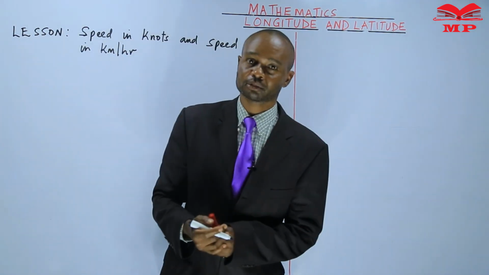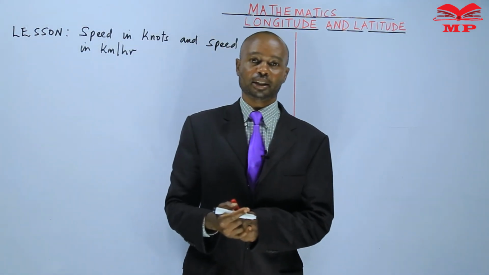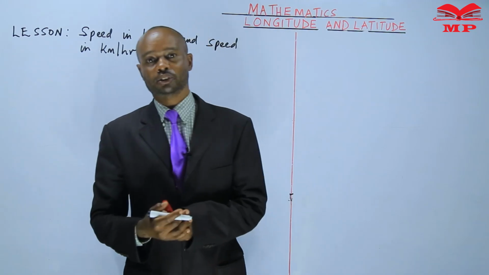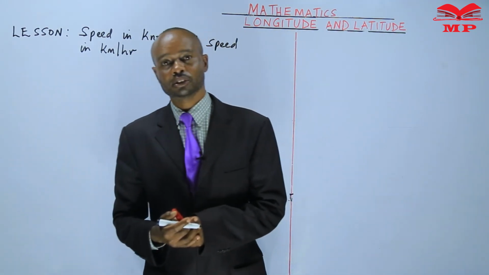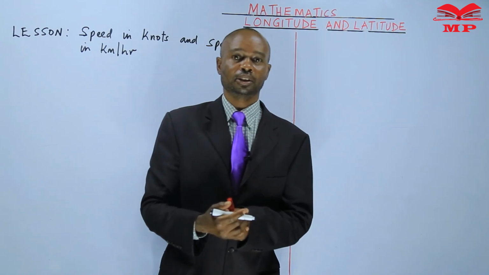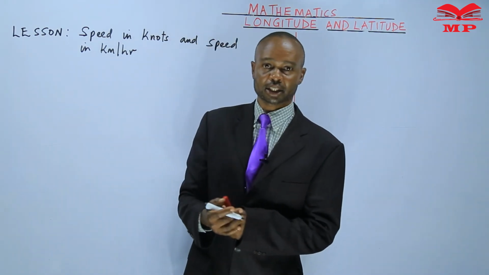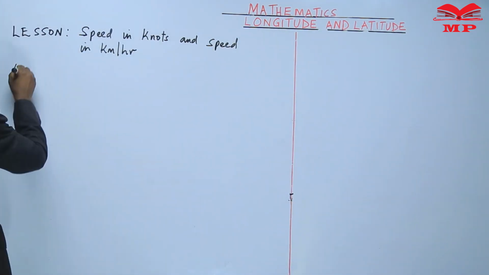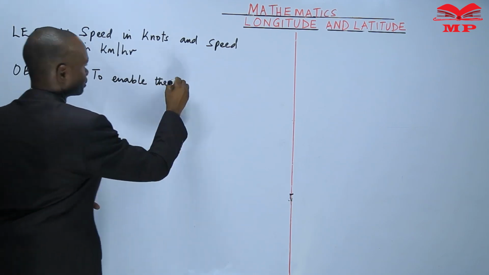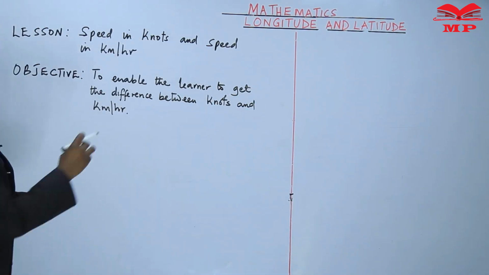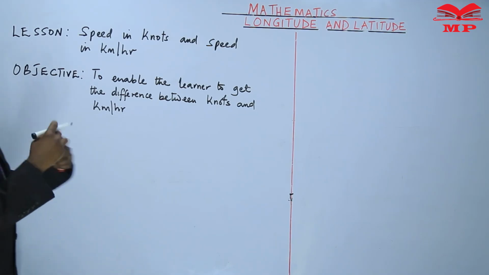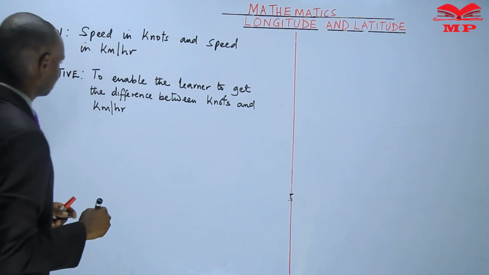The main objective of this lesson is to enable the learner to get the difference, or the relationship, between knots and kilometers per hour.